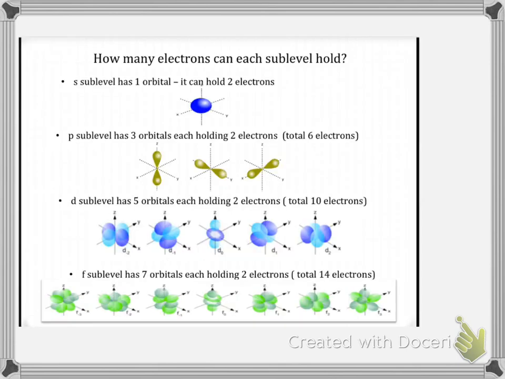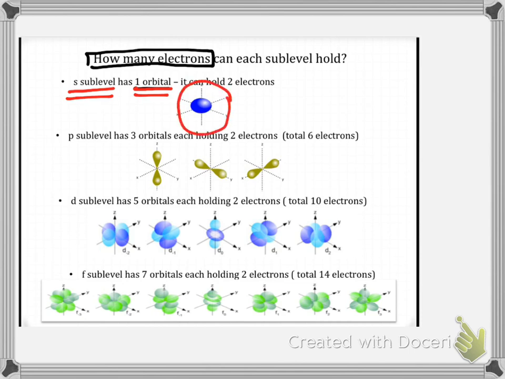Now, each sublevel can hold a certain number of electrons because it has something called orbitals. Okay, careful now. Let's start with S. Look here. The S sublevel has 1 orbital. It means 1 space, where you can find the electron.